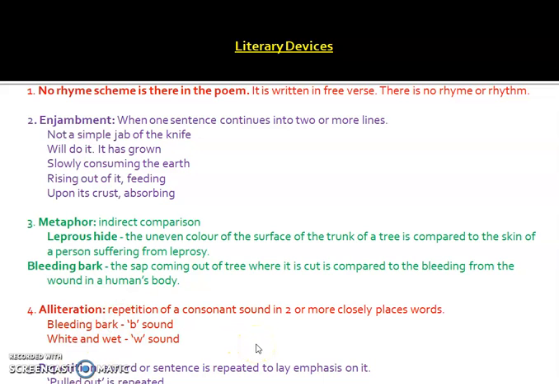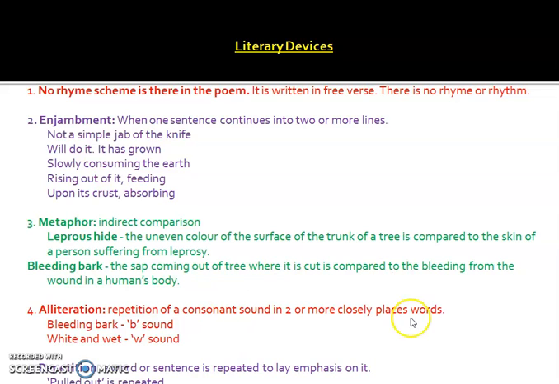And then repetition, obviously from the word, which means a word or a sentence is repeated to lay emphasis on it, that is to show its importance. For example, the words pulled out have been repeated quite a number of times in the poem. These are things you can also observe yourself. I can give you a poem and ask you to check out the literary devices for me.